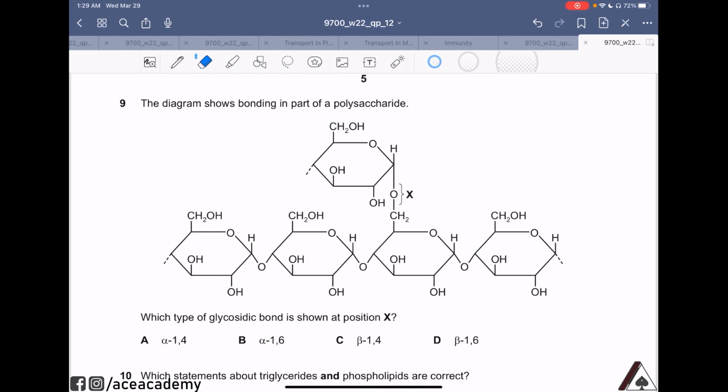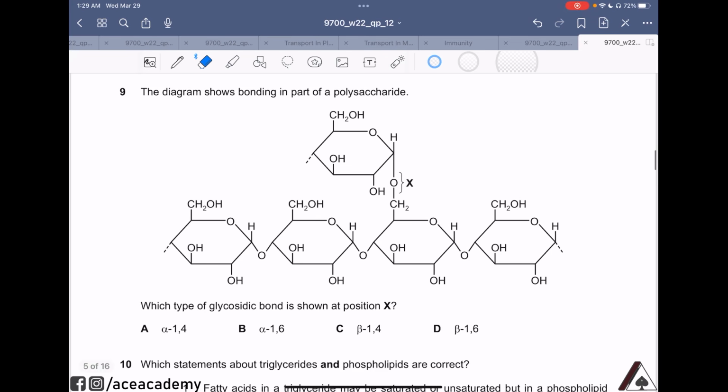The diagram shows bonding in part of a polysaccharide. Which type of glycosidic bond is shown at position X? So there is no flipping of the bond, like no flipping like this. So this is definitely not cellulose, and this is definitely not beta 1,6.